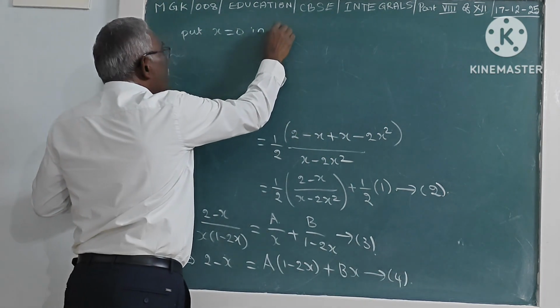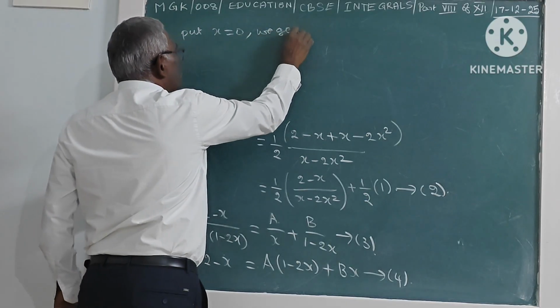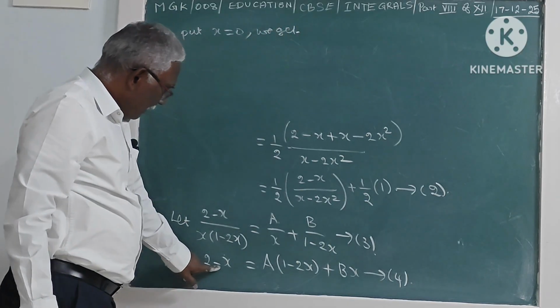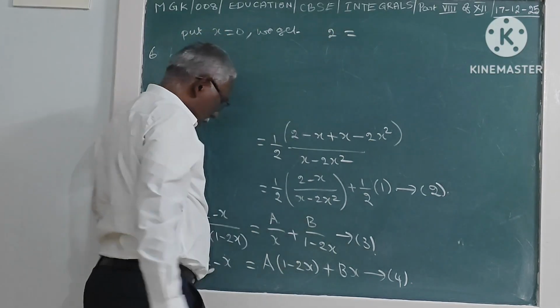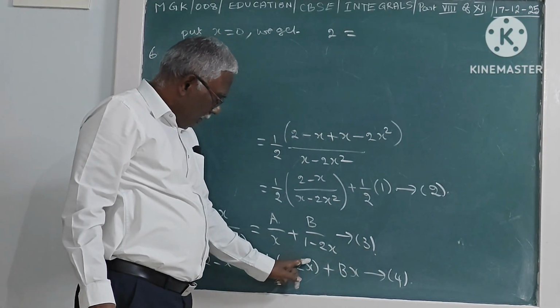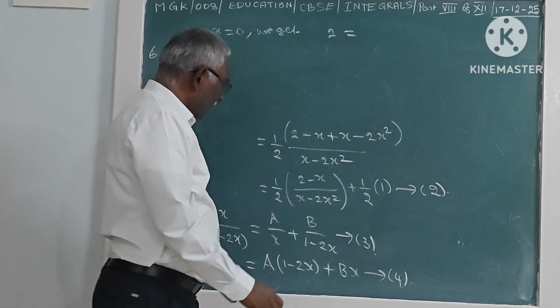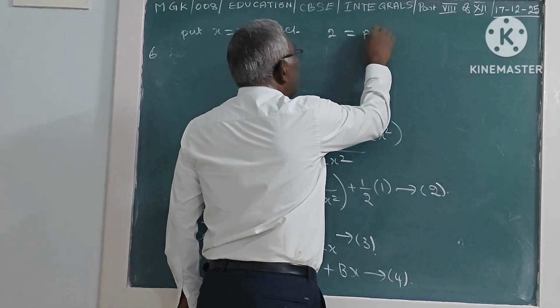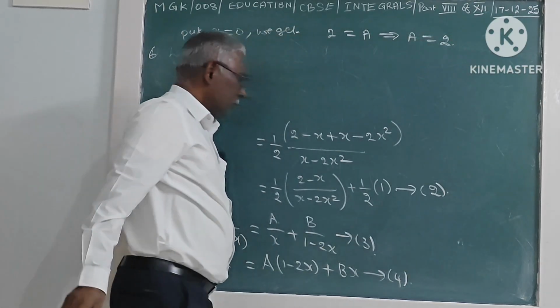In equation 4, x is 0 means 2 minus 0, 2 only. x is 0 means this term becomes 0, a into 1 minus 0, so we will get the value of a. So this gives the value of a is equal to 2.